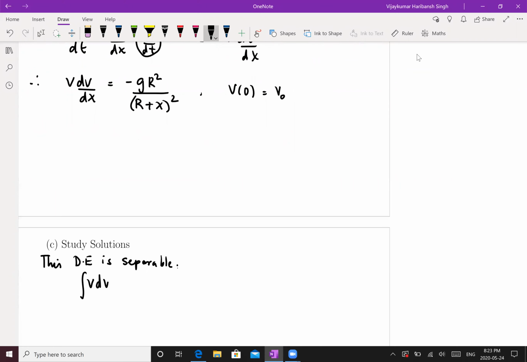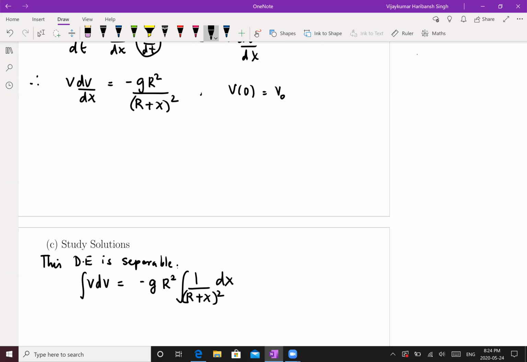So v dv equals minus g r square times 1 by r plus x the whole square dx. I move this dx to the other side and integrate, and the constants minus g and r square can be taken out of the integral.